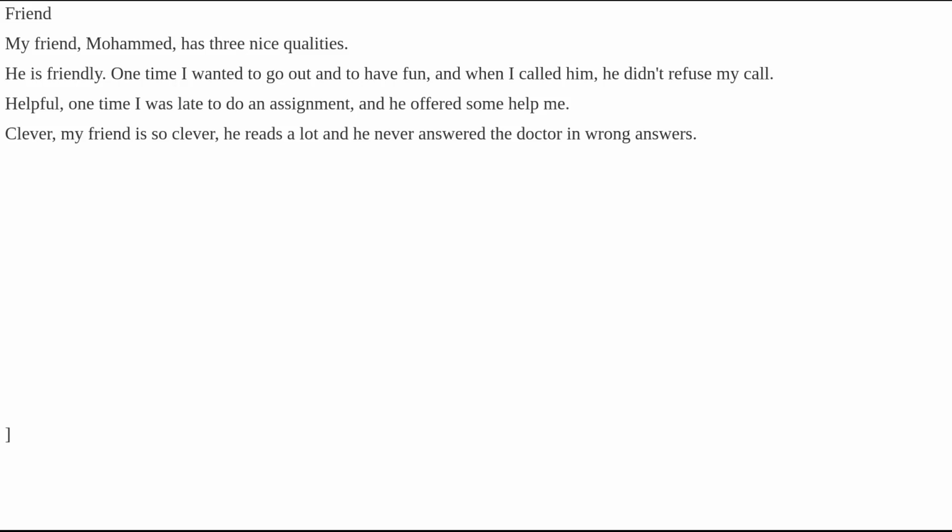Okay, let's treat the paragraph of simple sentences. One time I wanted to go out and to have fun. Okay, here is a simple sentence and it connects two things in a positive way.